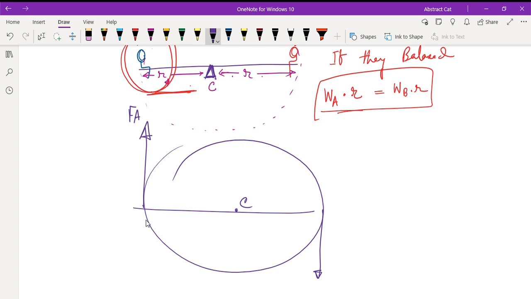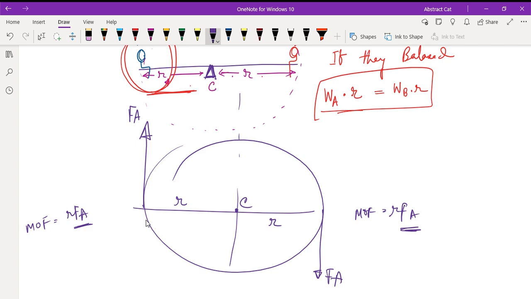If FA equals FB, with the same radius r, you get two parts: the moment of force on the left side is r times FA, and the moment of force on the right side is also r times FA. So in the case of a couple, the two forces must be the same, but finally they are added.